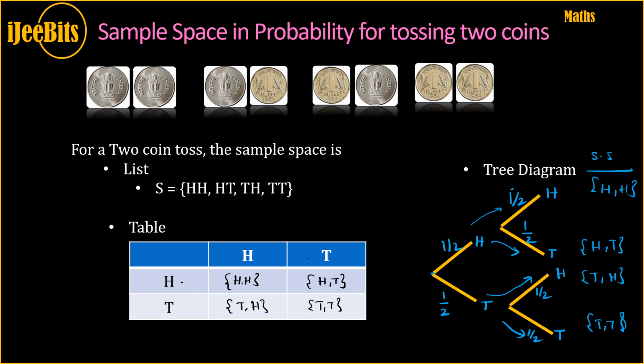So if somebody asks the probability of getting head and head, half multiplied by half is your probability. So half multiplied by half equals how much? 1 by 4. So the probability of getting head and head would be 1 by 4. That is how you have to calculate.